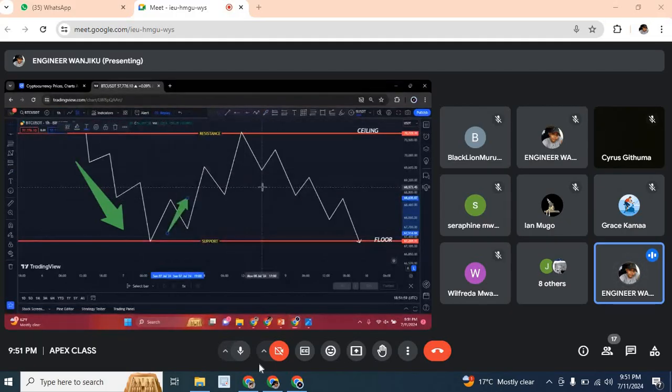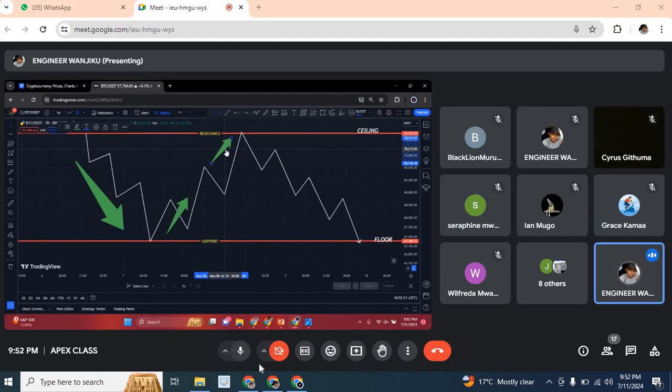In the same breath, the resistance level is the zone to which we expect an uptrend to come to an end. When the market hits the resistance, the uptrend will come to an end.